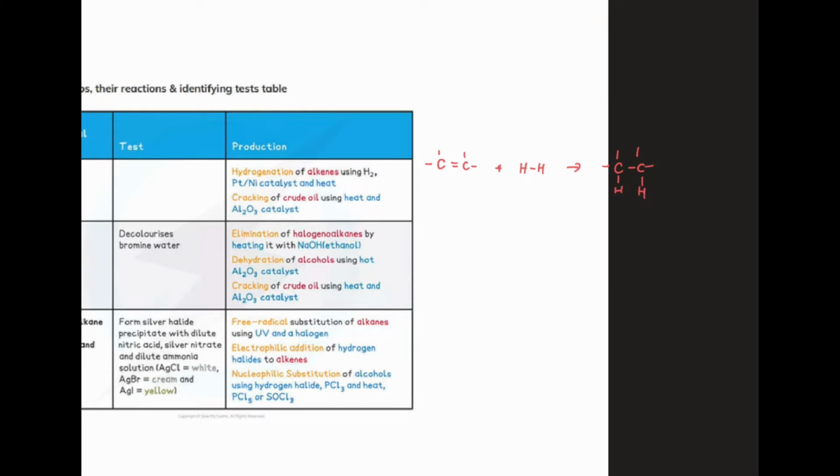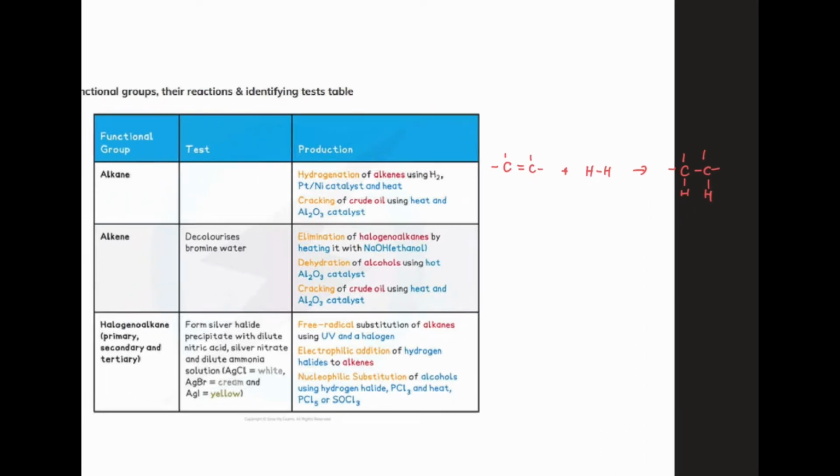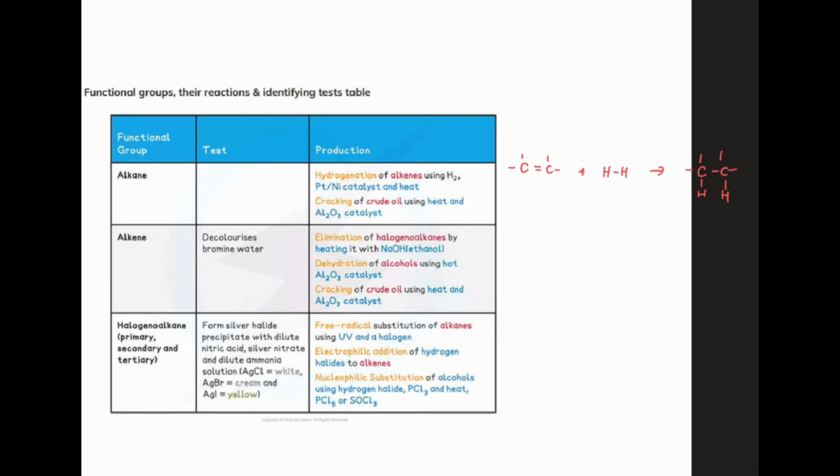The double bond becomes a single bond. After that we have the cracking of crude oil using heat and an aluminum oxide catalyst. Cracking is to break down long hydrocarbons into short hydrocarbons. So alkane is produced. This is one of the ways to produce alkane.